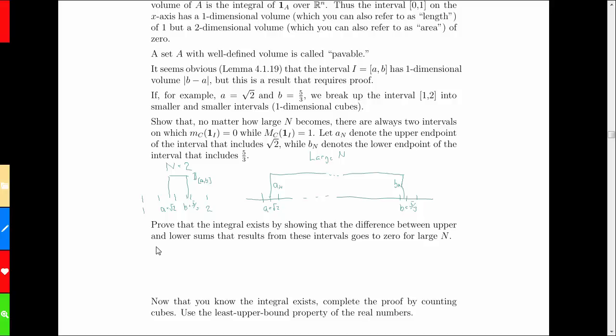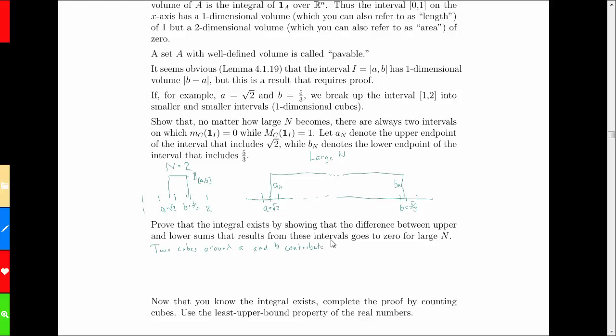It's only the two cubes around a and b that contribute differently.